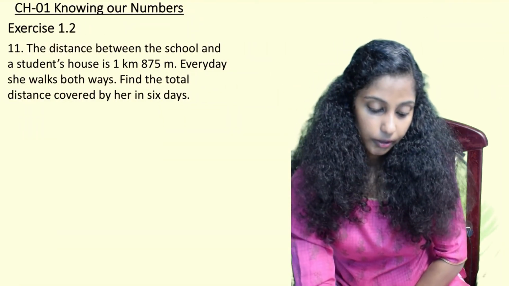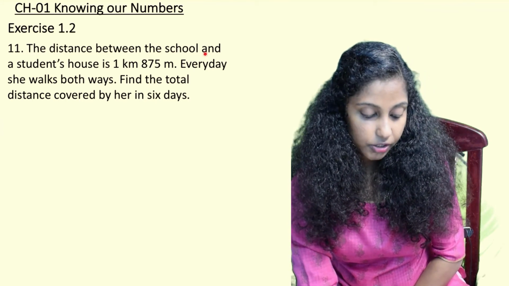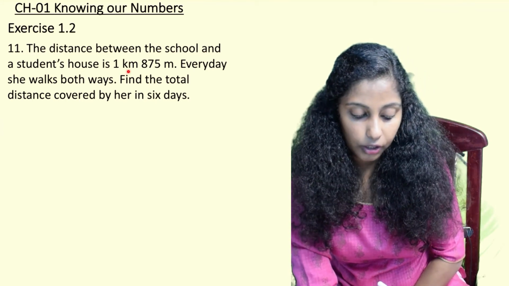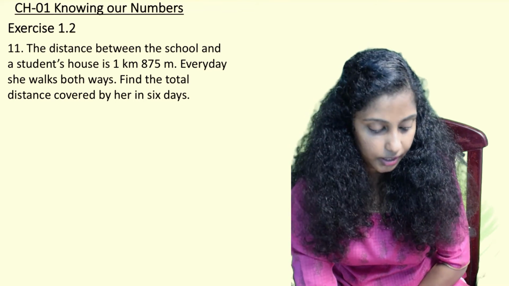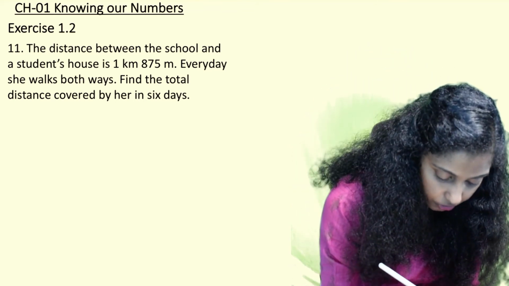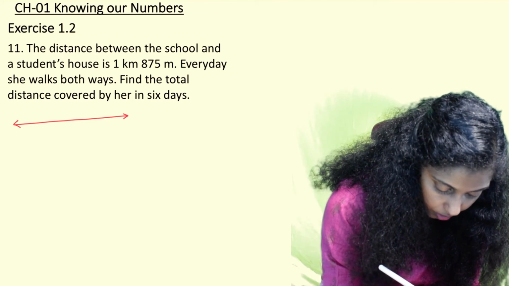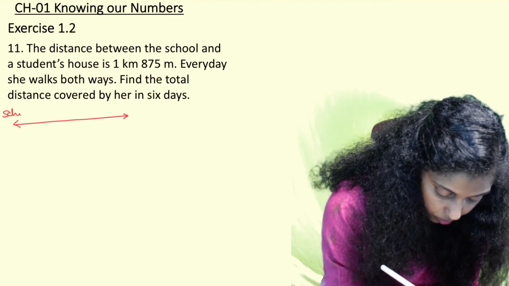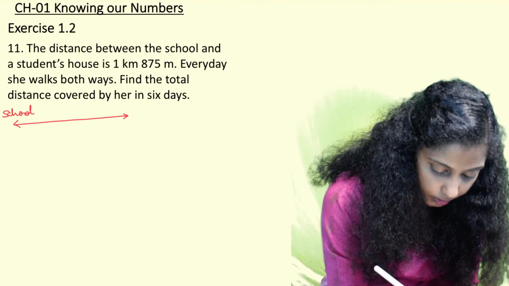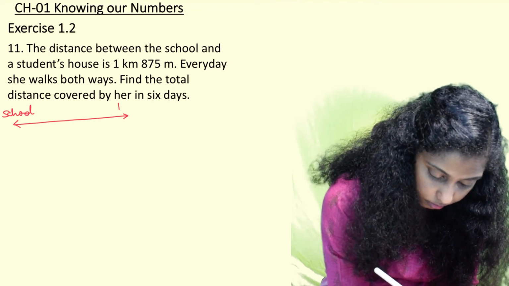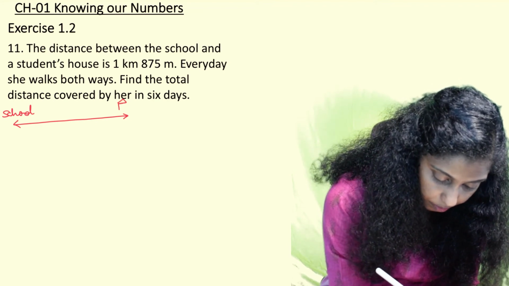Next, the distance between the school and a student's house is 1 kilometer 875 meter. Let us draw it. This is school and this is house. Okay, we draw one typical house.